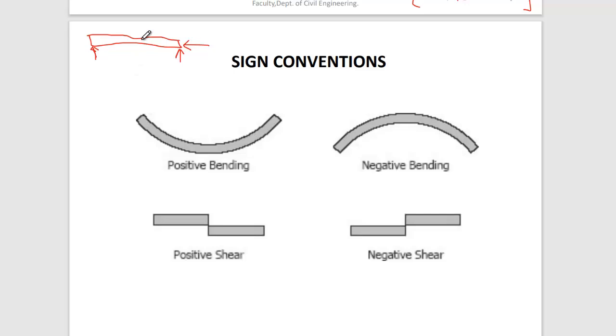You have taken a section of this beam. If you take the section, you have two parts, part 1 and part 2. If you draw a free body diagram, part 1 will look like that.